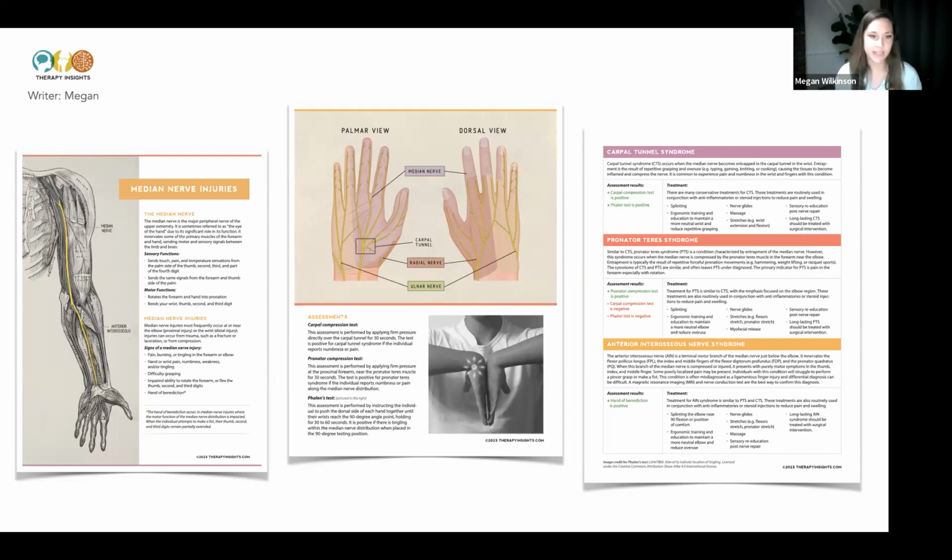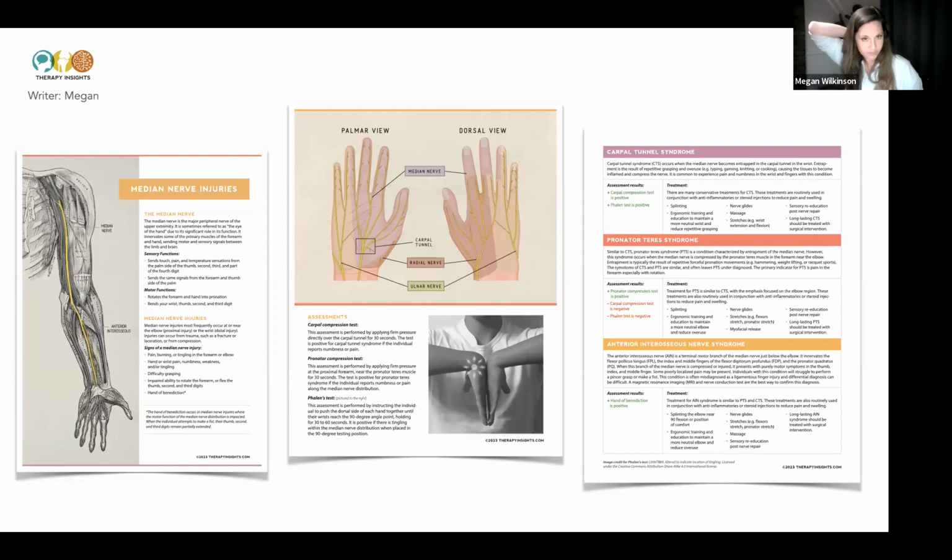It talks about the hand of benediction, the formation that you get when you try to make a fist. And on the second page, we have a really nice, big graphic of the sensory distribution in the hand, labeling the median nerve, radial nerve, and ulnar nerve, since the sensory component is a big aspect of these injuries.